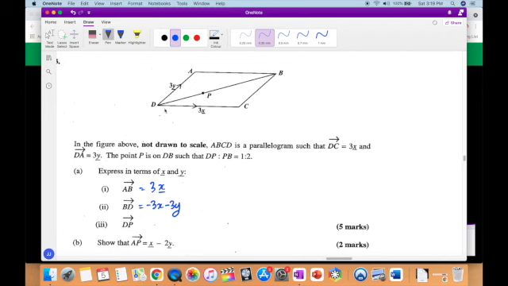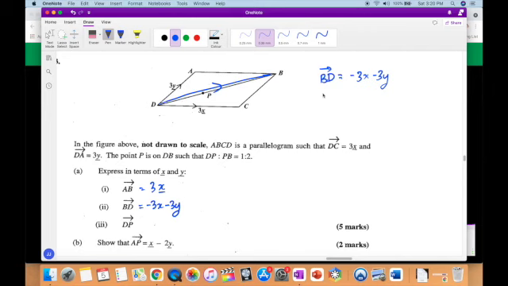DP. So DP is here. That is interesting. I know that BD is going this way, isn't it? And BD is negative 3x minus 3y. That is what BD is. But what about DB going back this way now?